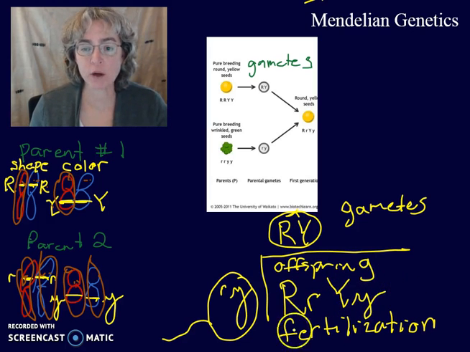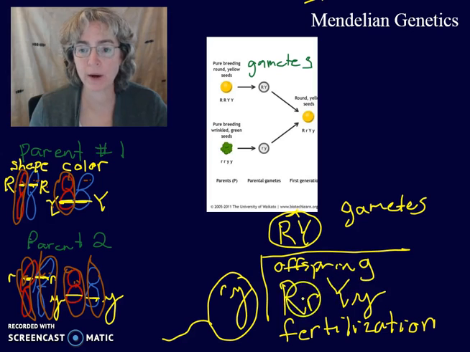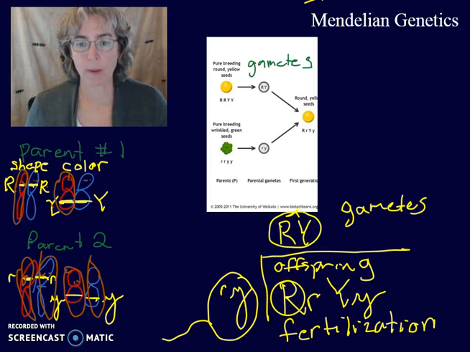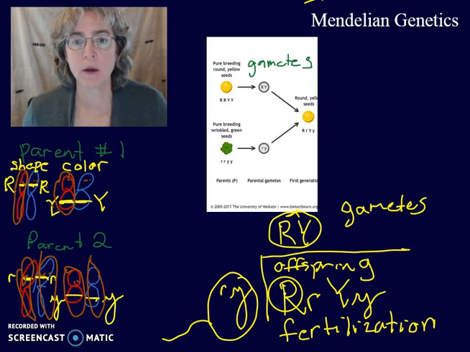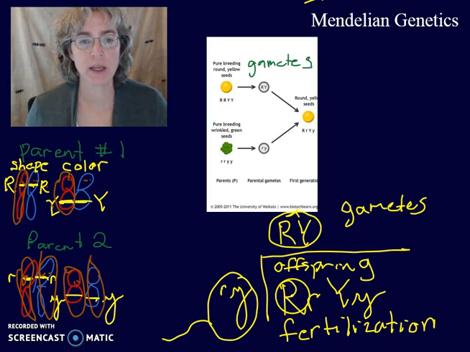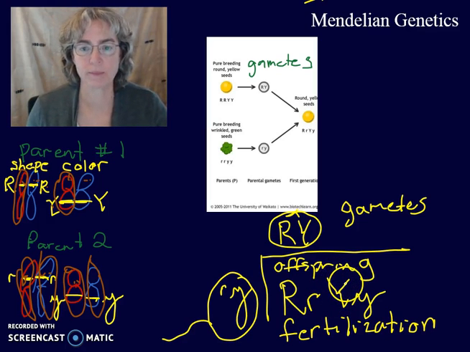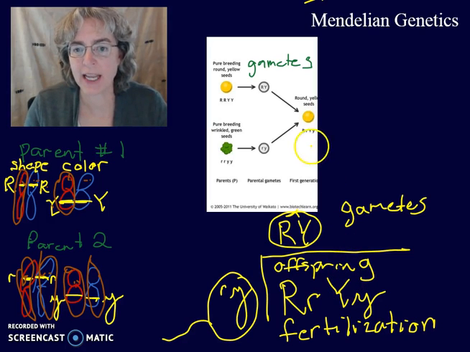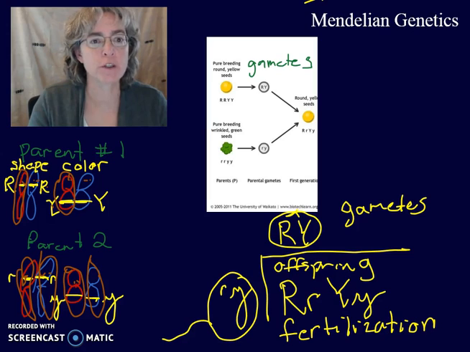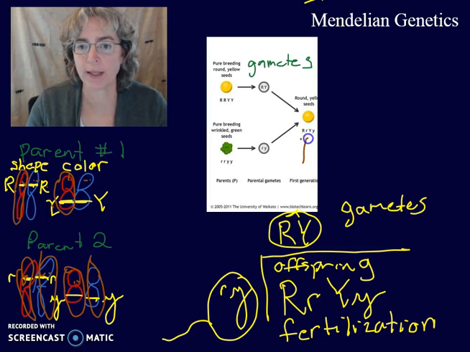And what's the phenotype of this individual right here? Well, remember, round is dominant, so the seed's going to be round, and yellow is dominant, so the seed's going to be yellow. So that is our first generation right there.